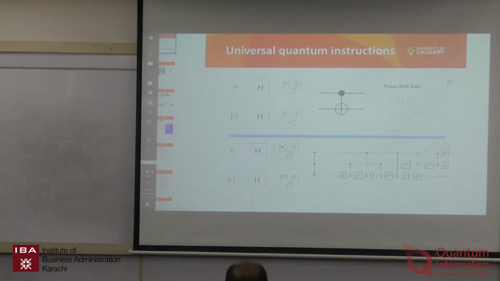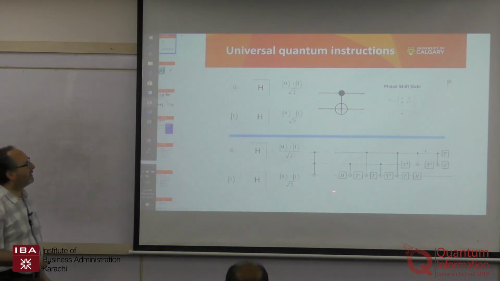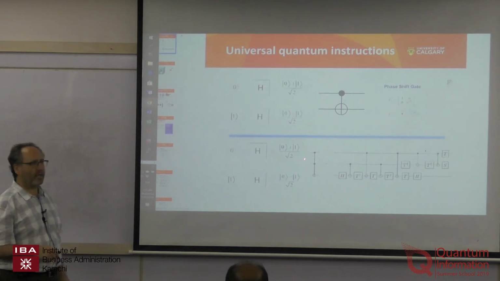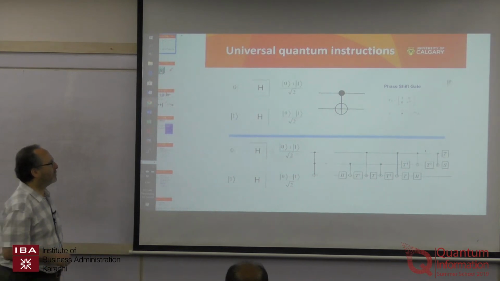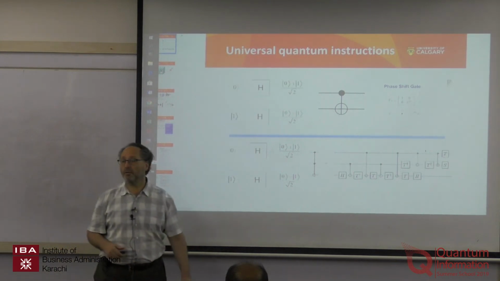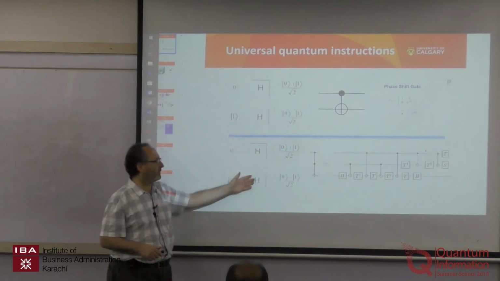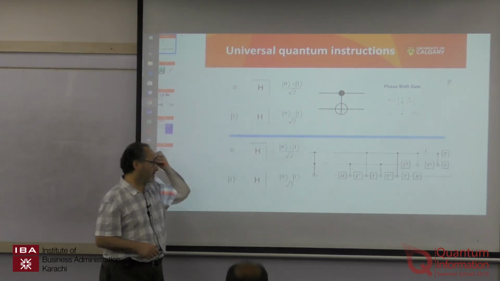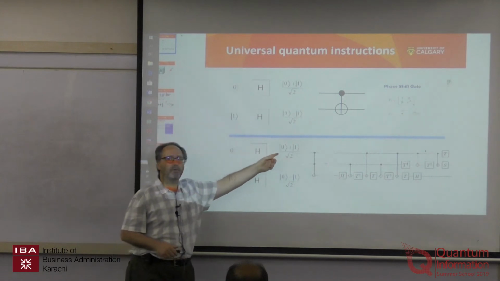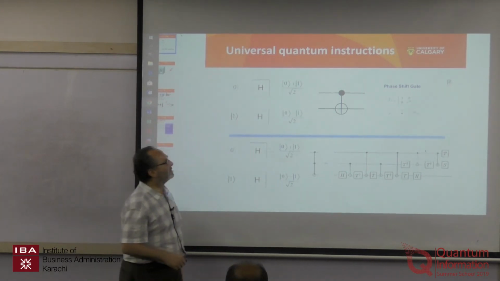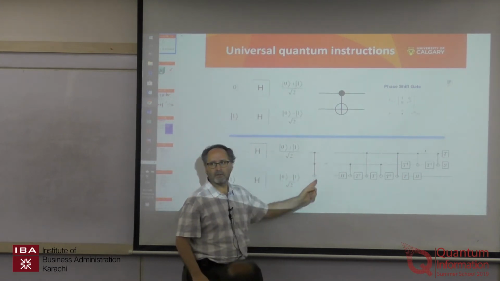Then, when we make a circuit, we can count these gates. There's another case of a universal set, and I put this one up because it relates to reversible computing. In this case, we have the Hadamard gate again that switches 0 to a superposition of 0, 1, and 1 to a superposition of 0, 1, or we can take the Toffoli gate.